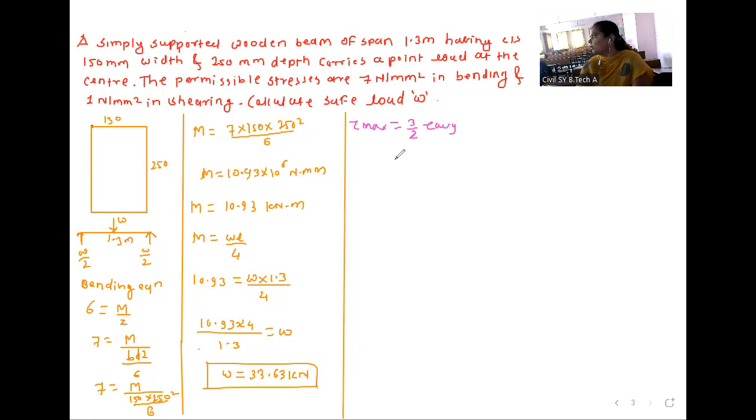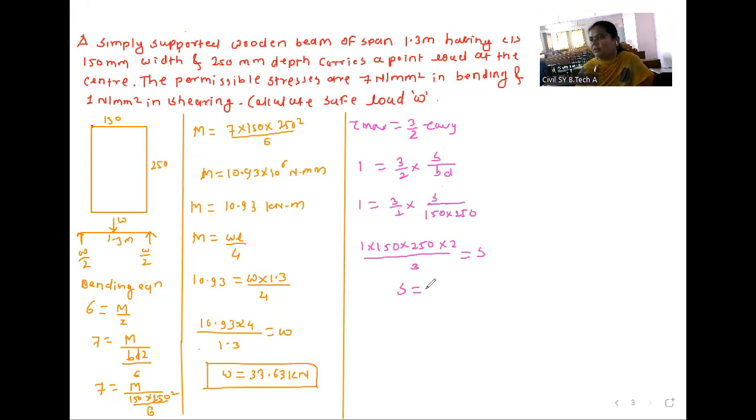The maximum stress is given as 1, which is equal to 3 by 2 into tau average, which is S divided by BD. So 1 is equal to 3 by 2 into S divided by B, which is 150, into D, which is 250. So 1 into 150 into 250 into 2 divided by 3 is equal to S.